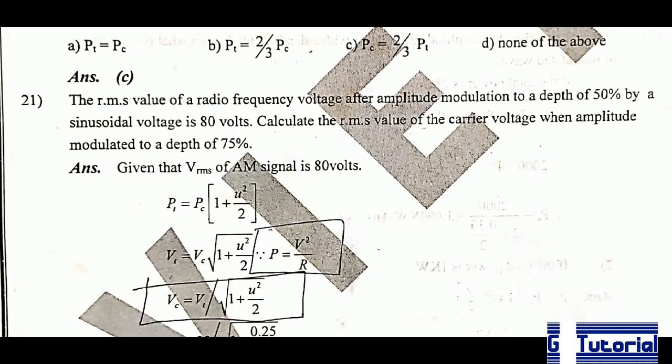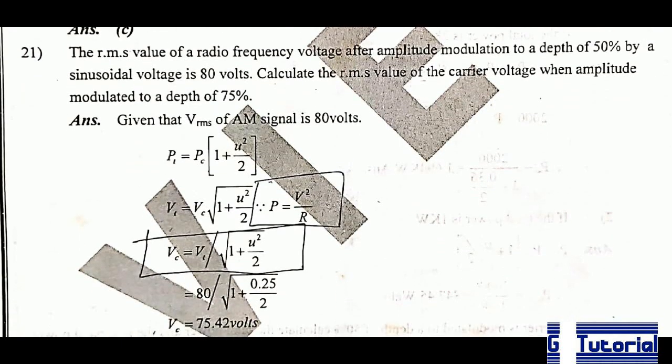So first let us find the value of Vc. We know that the equation of power is Pt equal to Pc into 1 plus mu square by 2. Actually power P is equal to V square by R. In the previous class we have derived the current relation, that is P is equal to I square into R, and from that we obtained the equation of current as It is equal to Ic into root of 1 plus mu square by 2.